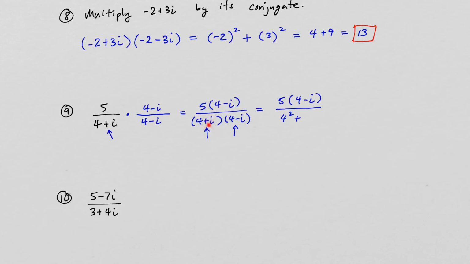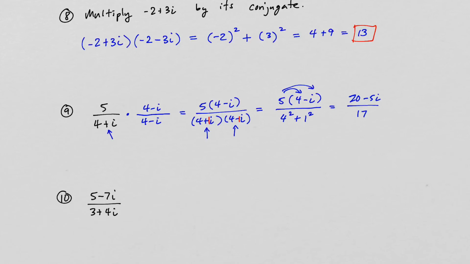The imaginary part is the number in front of i. And the number in front of i here is 1. And so it's going to be 4 squared plus 1 squared, which is 16 plus 1, which is 17. And then on top, we can multiply this out, which gives us 20 minus 5i.